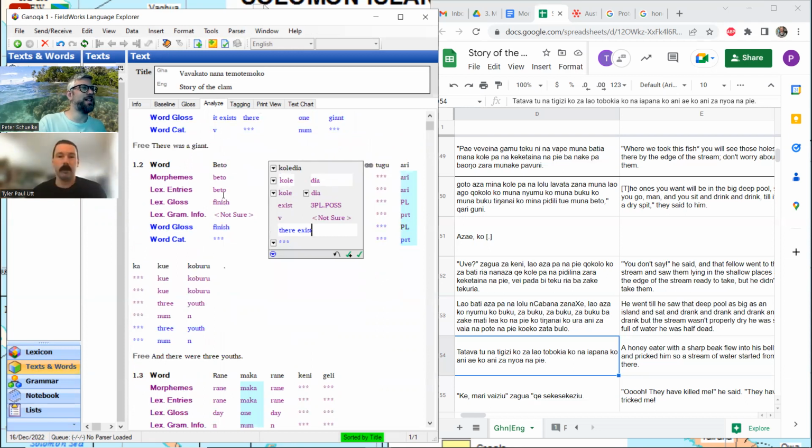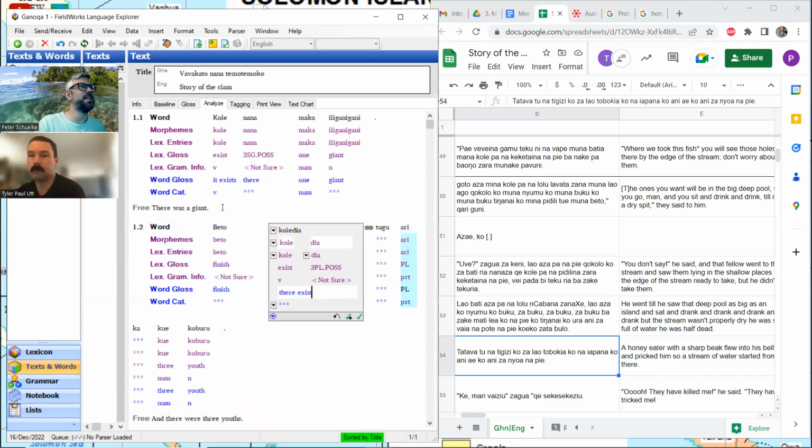I'm not gonna link it so that I'm not committed to any sort of syntactic analysis, but I do think that's probably how it works. The beto cole is probably a serial verb construction, and that kind of thing doesn't translate so well to English. And that tugu, this is actually what's starting to make me think tugu is also. There was a giant. There were also 3 words. And there was also 3 youths.